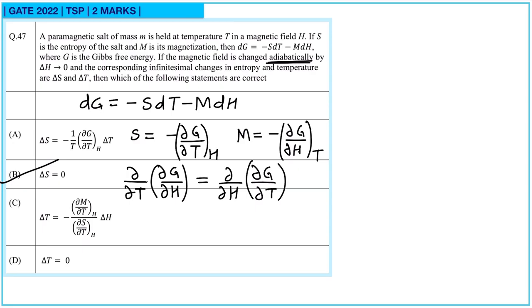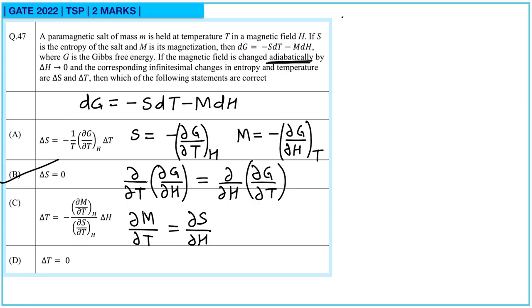Now dou G by dou H is equal to minus M, and dou G by dou T is minus S, so dou M by dou T is equal to dou S by dou H, and the minus signs cancel out on both sides.